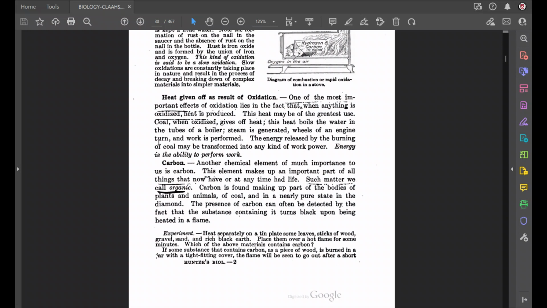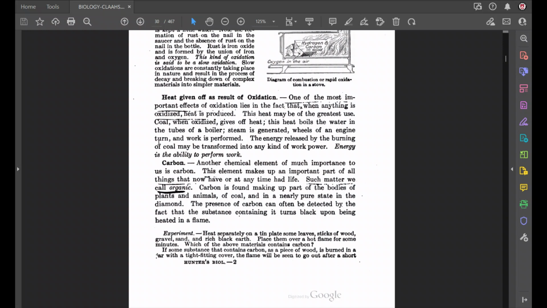All organic matter contains carbon. Carbon is found making up part of the bodies of plants and animals, of coal, and in a nearly pure state in the diamond. The presence of carbon can often be detected.